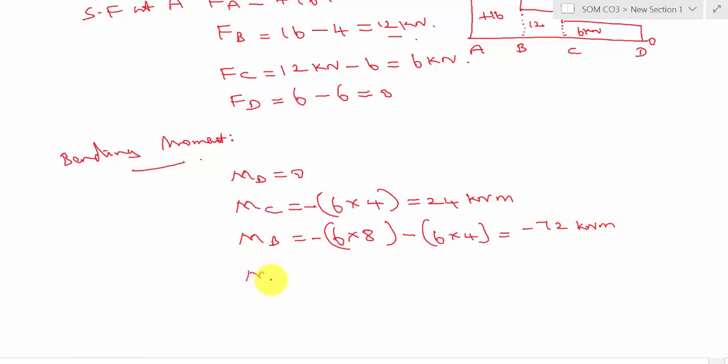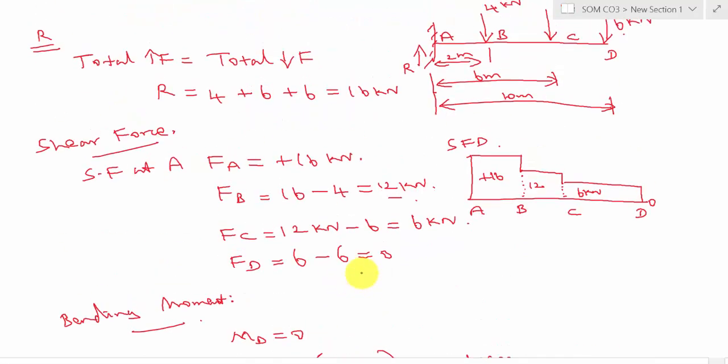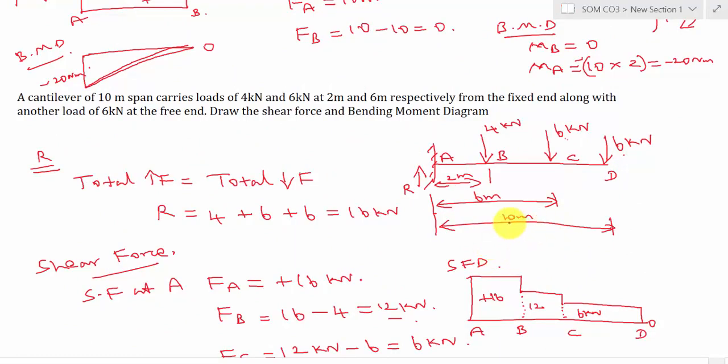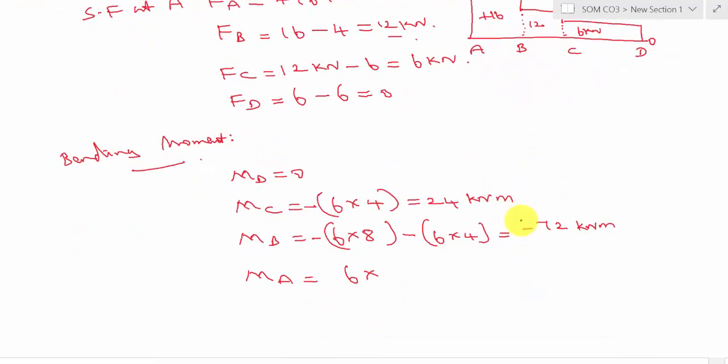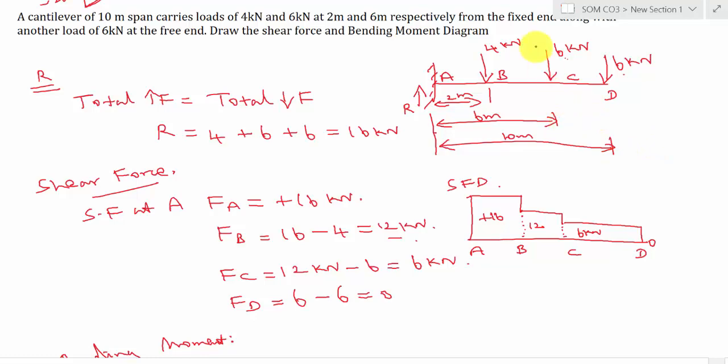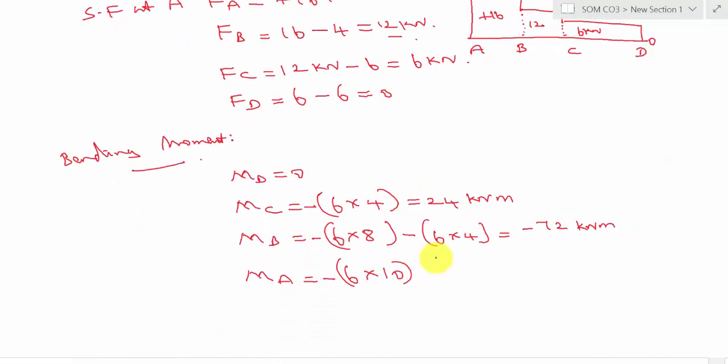Then the bending moment at point A. So we have a force of 6 kilonewton at the section D and the distance is 10 meter. So it is 6 into 10 and it is acting in the clockwise direction. So minus. The next is 6 kilonewton into 6 meter, that is minus 6 into 6 because it is acting in the clockwise direction.